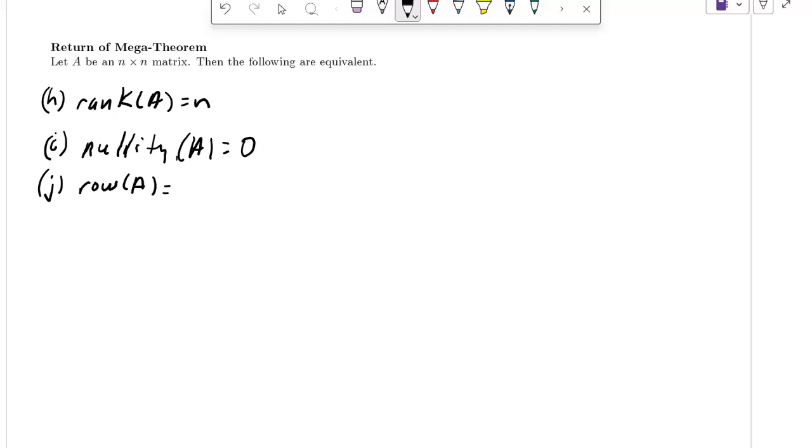So Rn has dimension n, right? What's the dimension of the row space in this case? Also n. So can the row space be any bigger? No. It takes up everything. So if the rank is n, your row space is all of Rn.